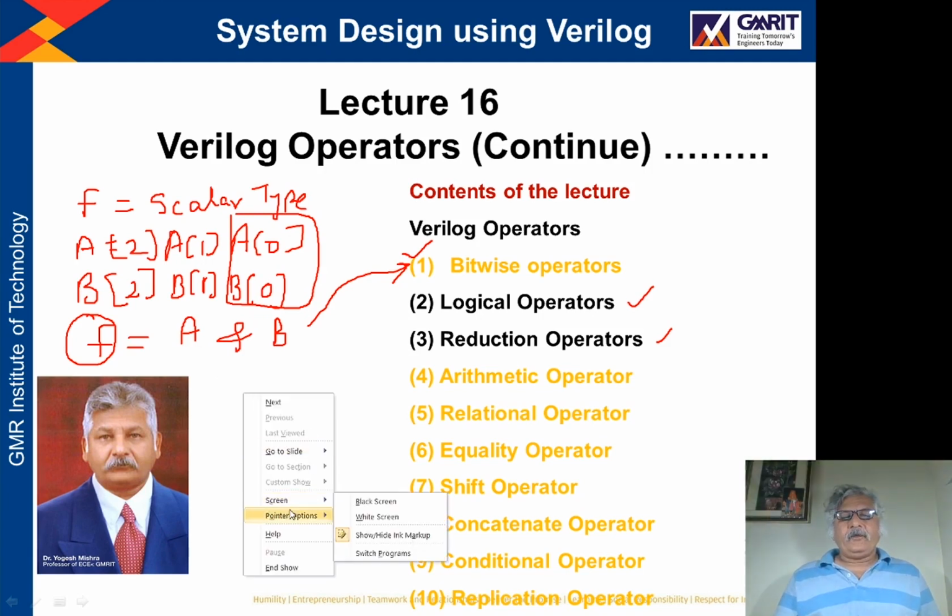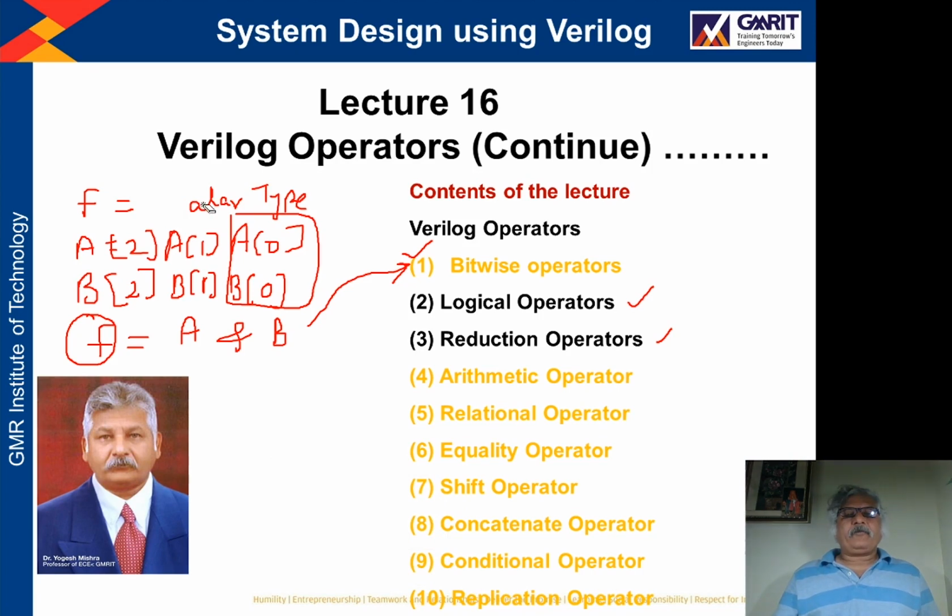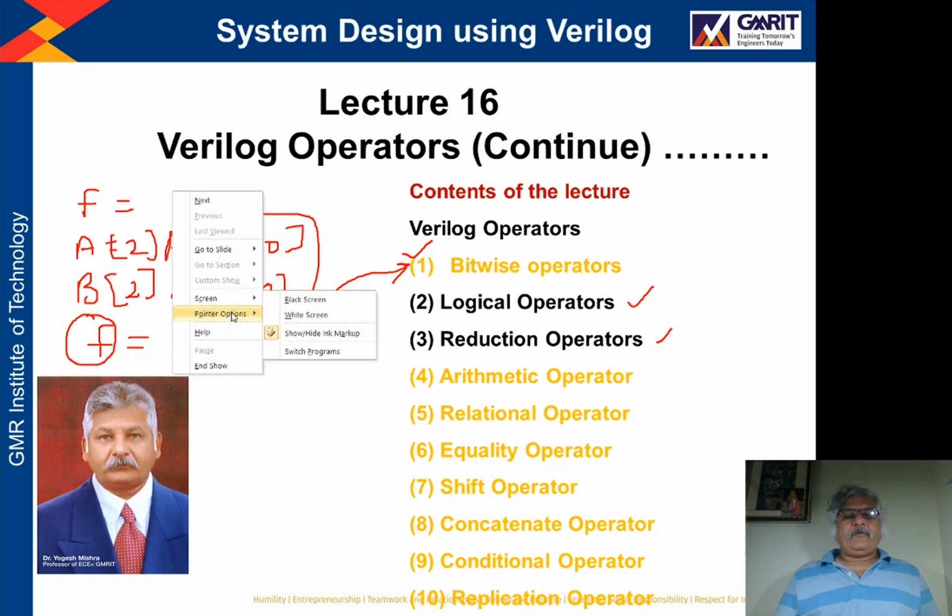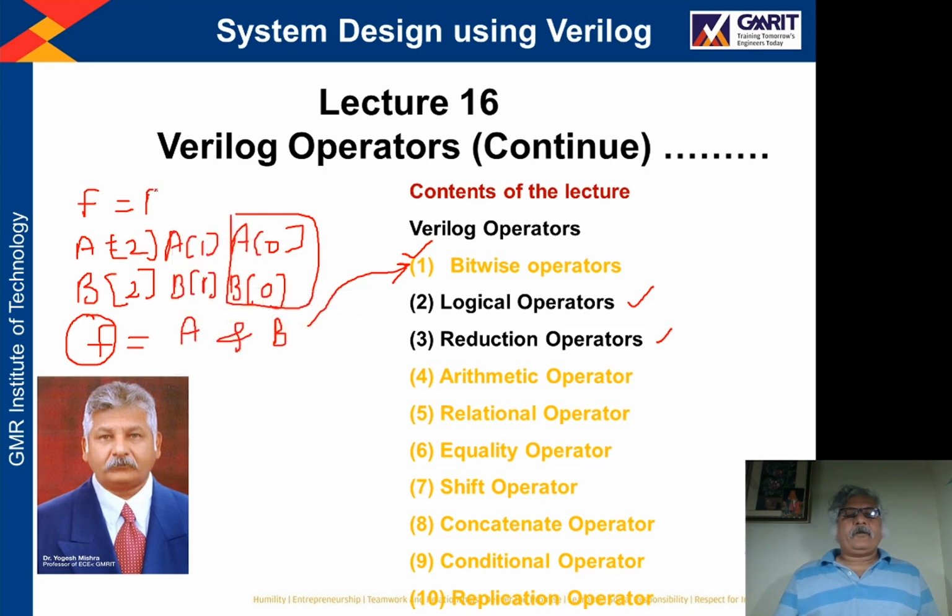And suppose F is also a vector type, like this: F2, F1, and F0.